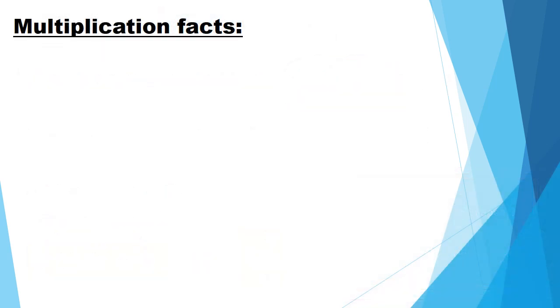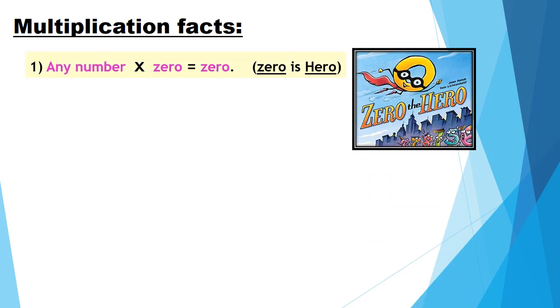Now, let's see our multiplication facts. The first fact we have: 0 is the hero. What do we mean by 0 is the hero? Any number times 0 equals 0. Always 0 wins, and we call 0 a hero.